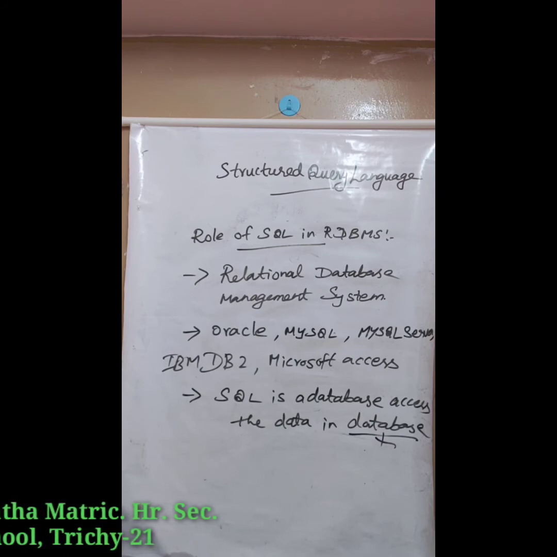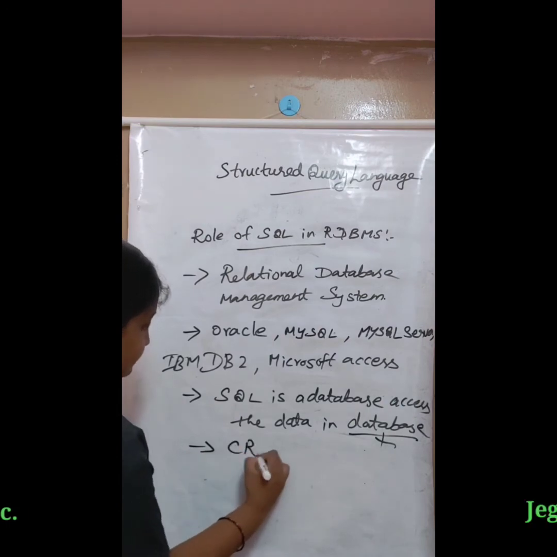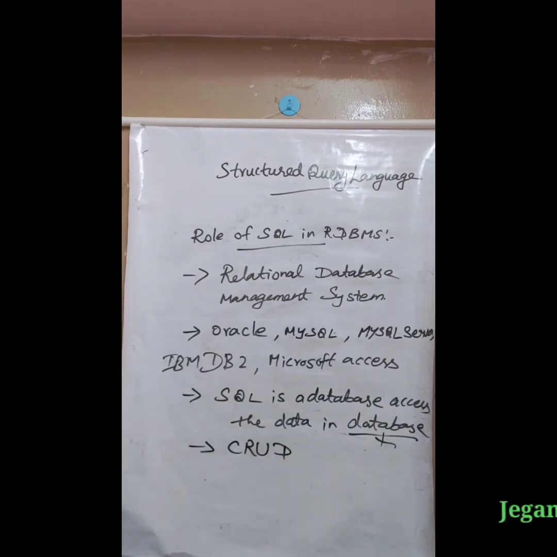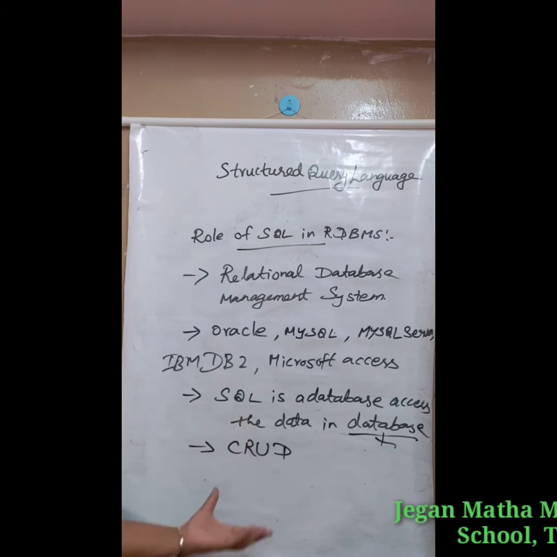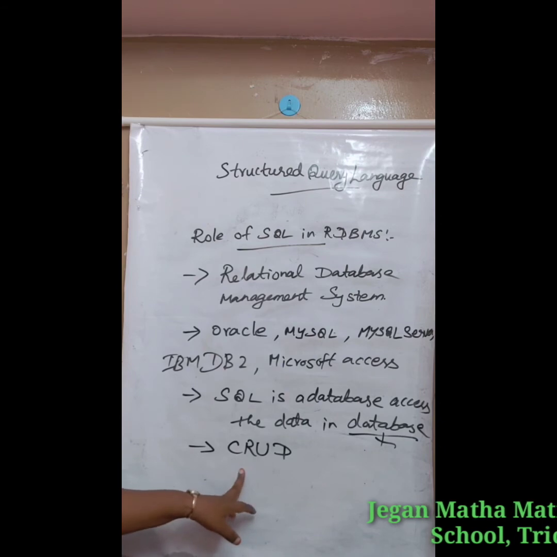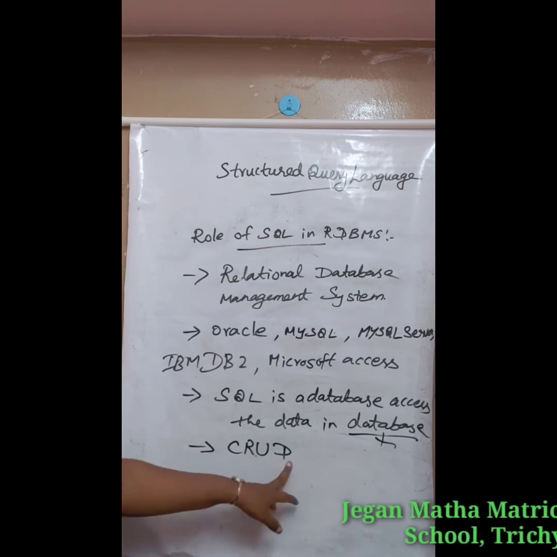RDBMS is a type of database management system with a row-based table structure that connects related data elements, and it includes functions related to create, read, update and delete operations. These operations are called CRUD.